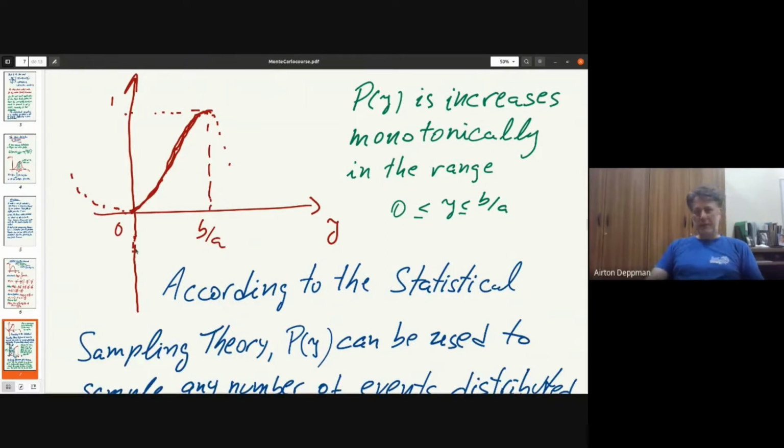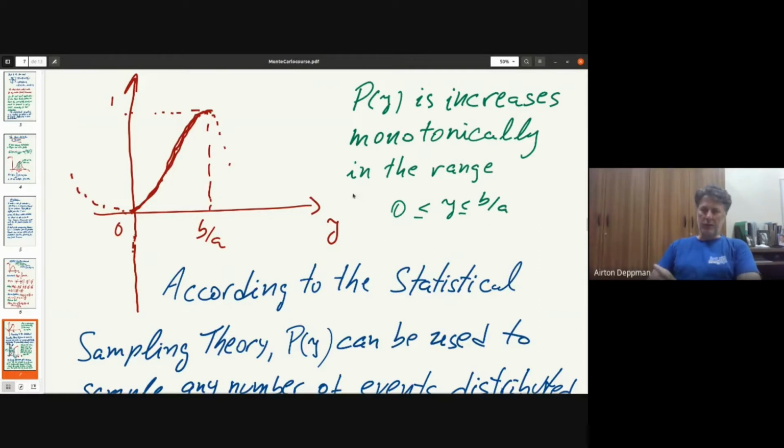And what we see is that the cumulant is monotonically increasing in this range. It starts from 0 here, if we choose an appropriate constant, and increases up to 1 without ever decreasing. So it's a monotonically increasing function in this range.